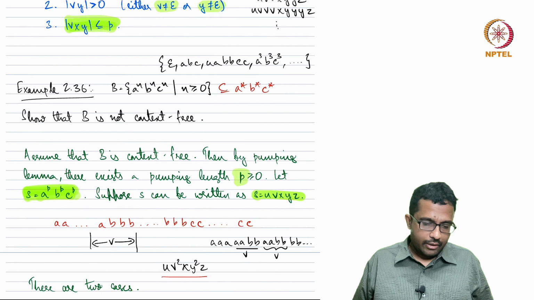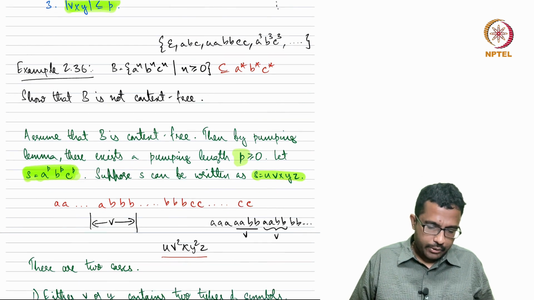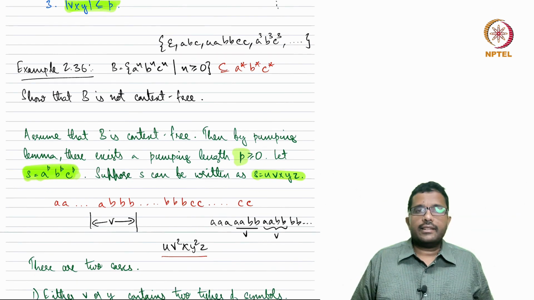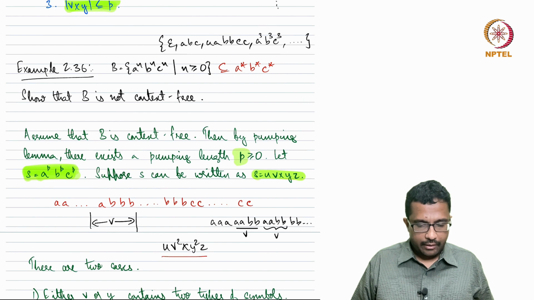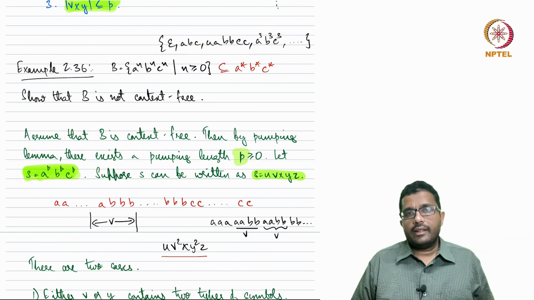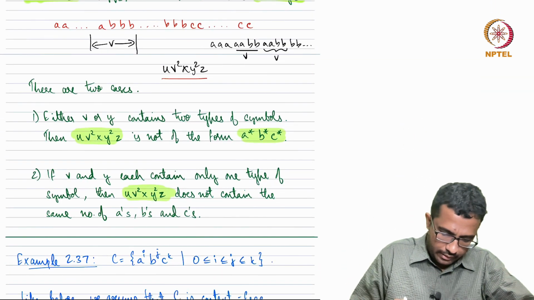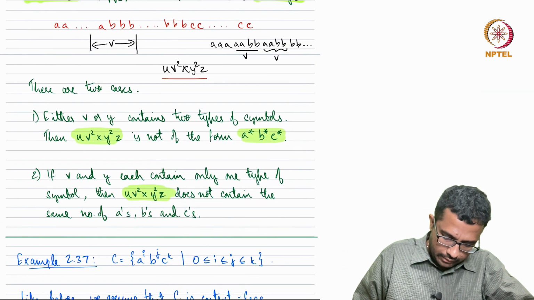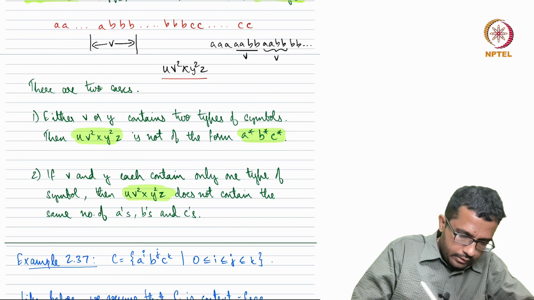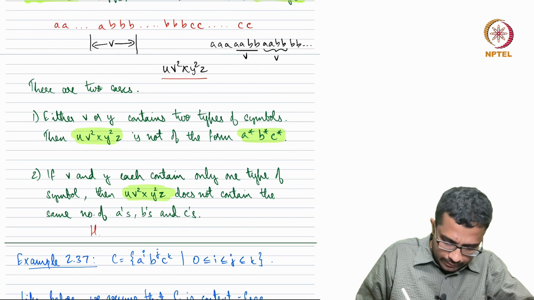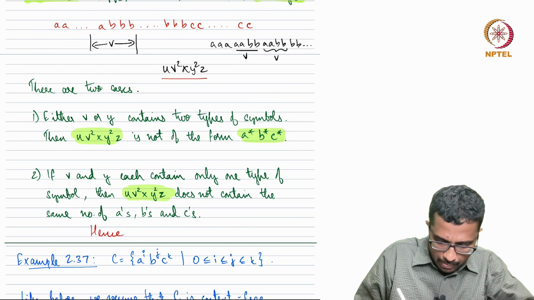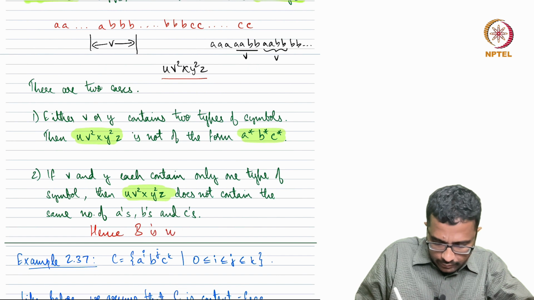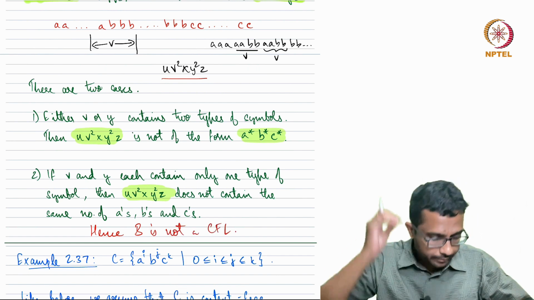So whichever way you take the split, the resulting u v square x y square z is not in the language. So hence B is not a CFL.